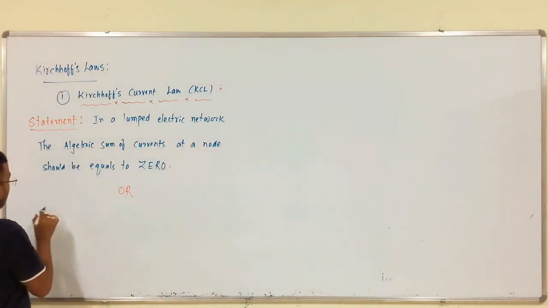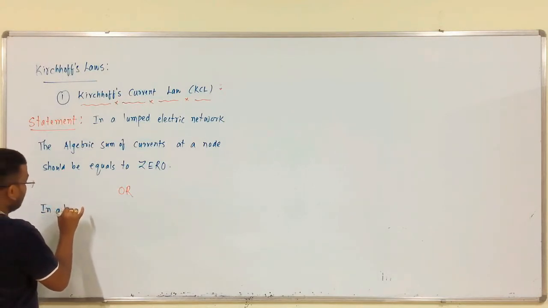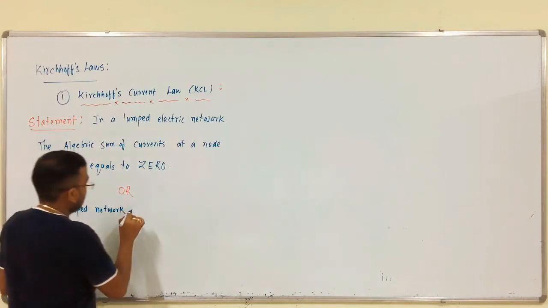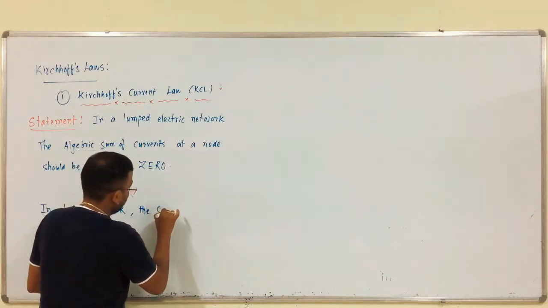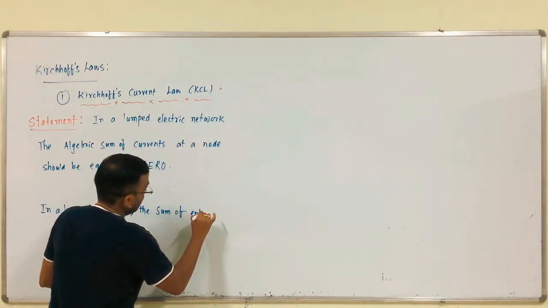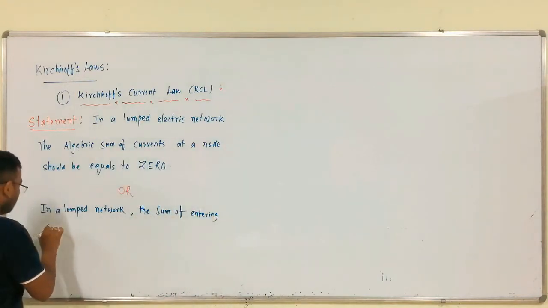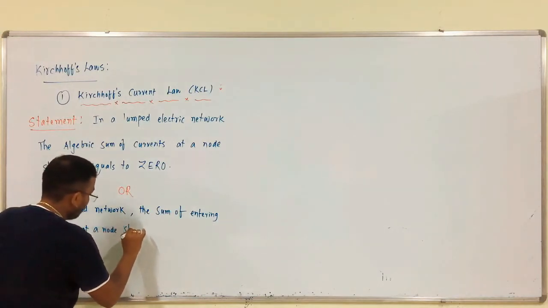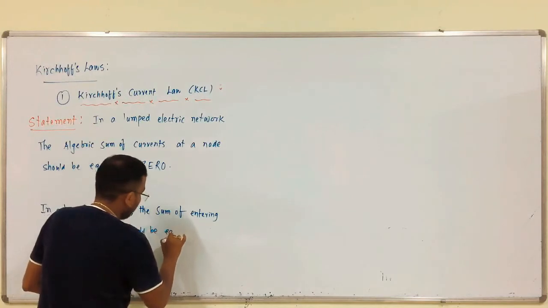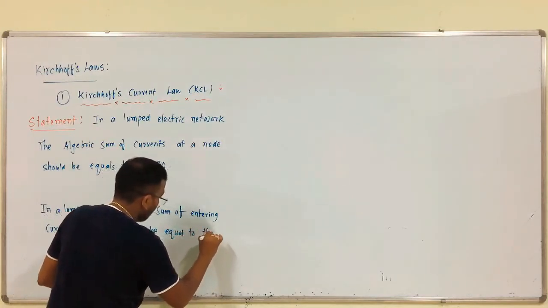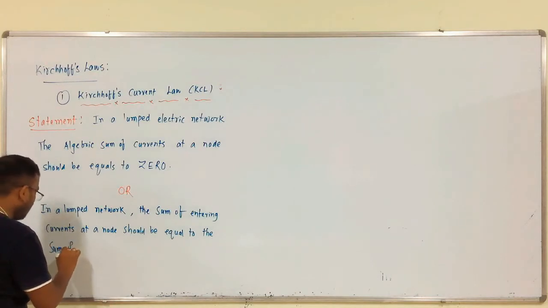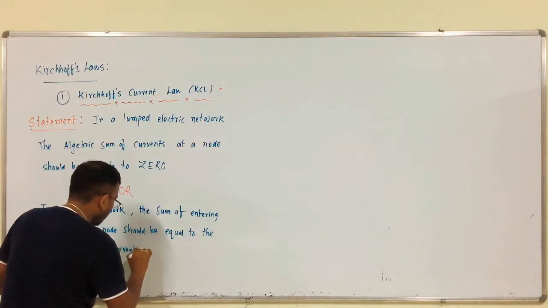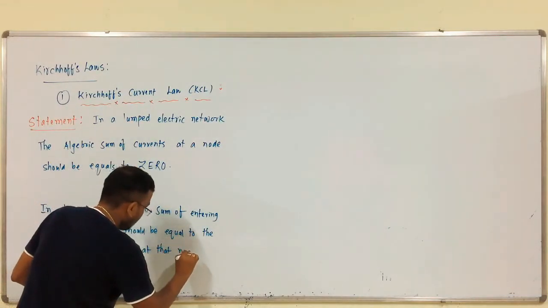Or we can define, in a lumped network the sum of entering currents at a node should be equal to the sum of leaving currents at that node.